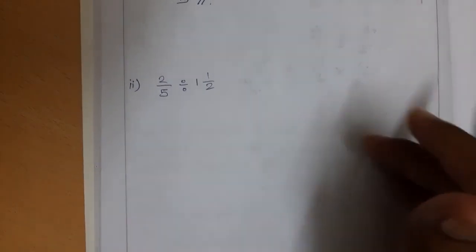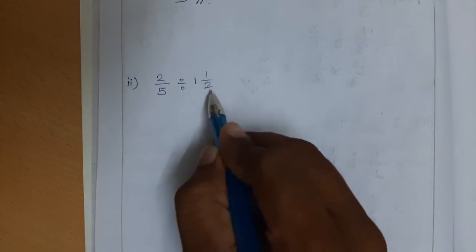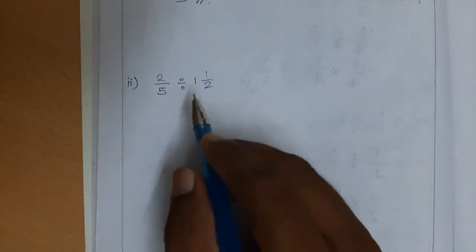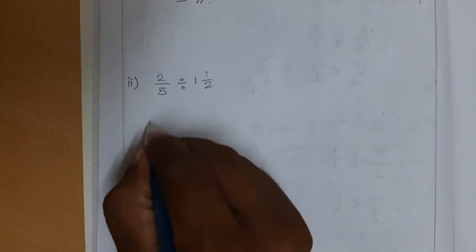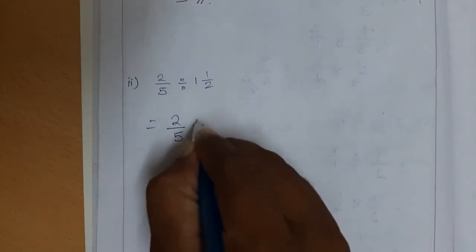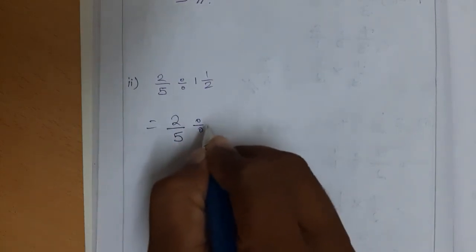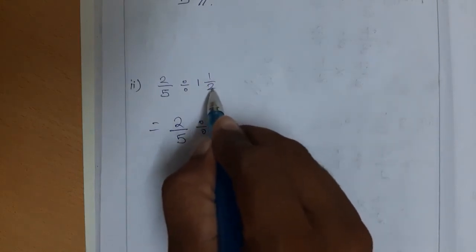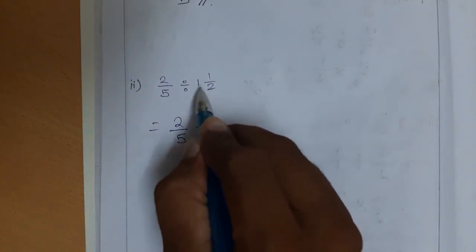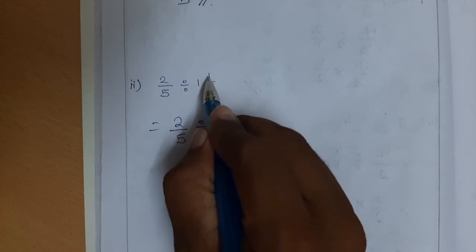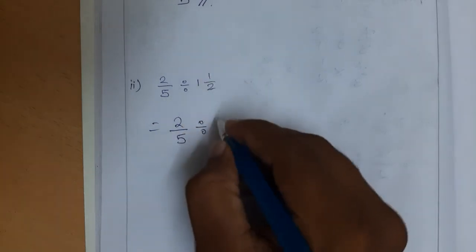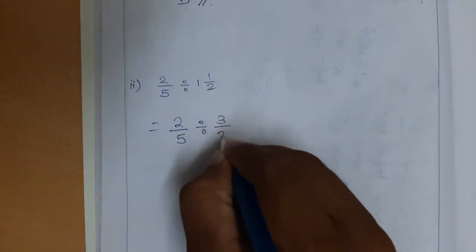So here we go for the next problem. 2 by 5 divided by 1 1 by 2. Convert this mixed fraction into an improper fraction. So 2 by 5 will be the same. First convert, then we can proceed to this division process. So this is the denominator into the whole number: 2 into 1 is 2, and added with the numerator, 2 plus 1 is 3, and it is 3 by 2.